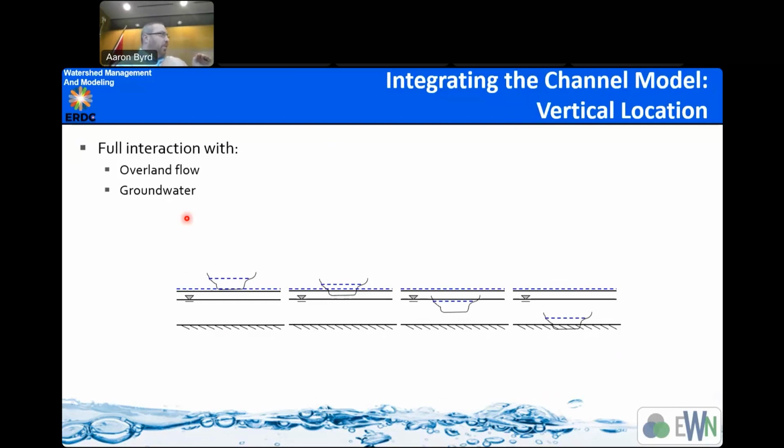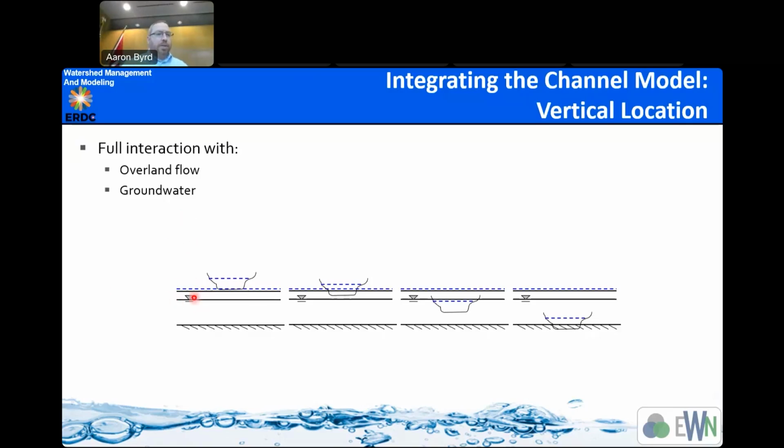They will always by default go from the overland flow into a channel. So if you have a channel that's in your overland flow cell, water will always dump into it, okay? If you want water to dump back out, you've got to turn that on. If you want the water in the channel to impede water flowing into it, you've got to turn that on too. Those are the three levels, okay?